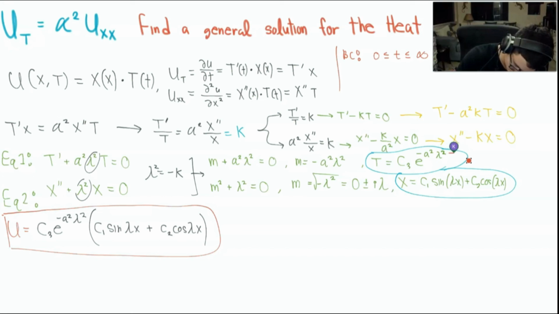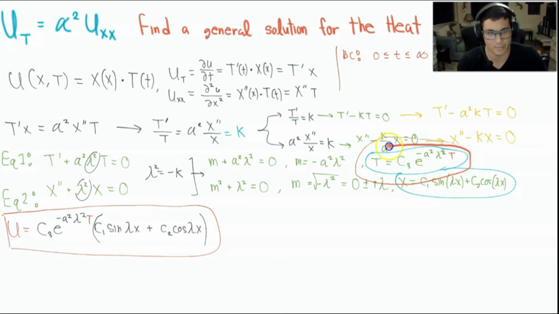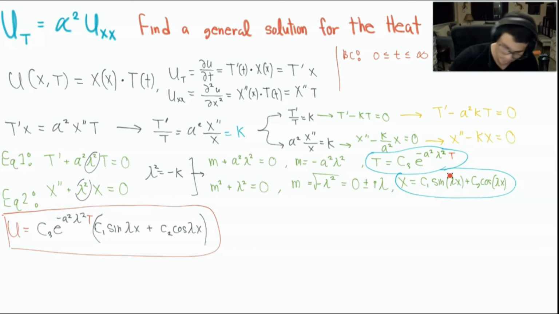I'll do it in red. T. So then this becomes T. The reason why I forgot is because I forgot it, but I checked the book, and let's not forget that this is a very general form.